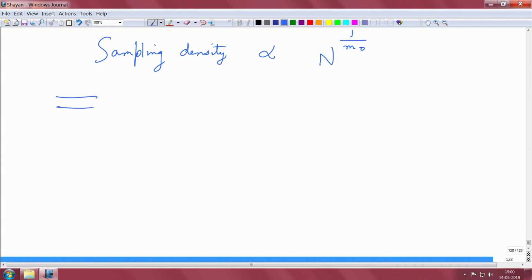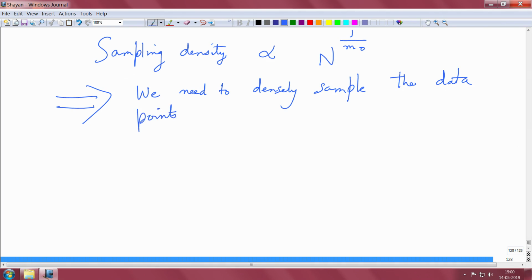What we mean here is we need to densely sample the data points to learn the function well, right. I give you a higher dimensional space, I need to sample these points densely in a higher dimensional space to learn this function pretty well, right.